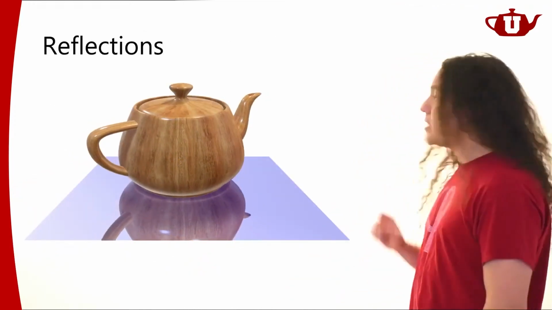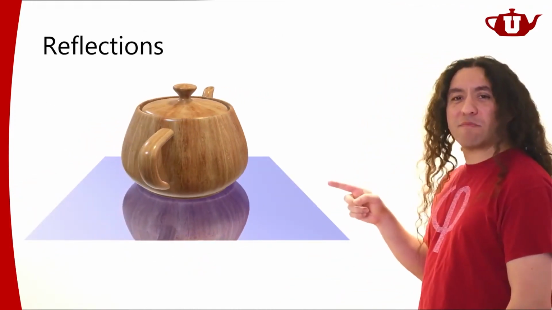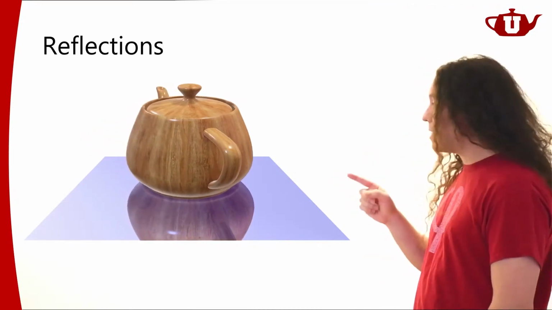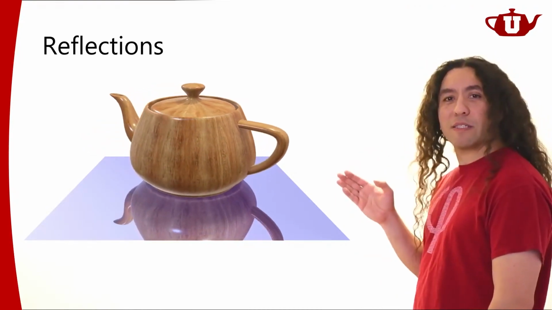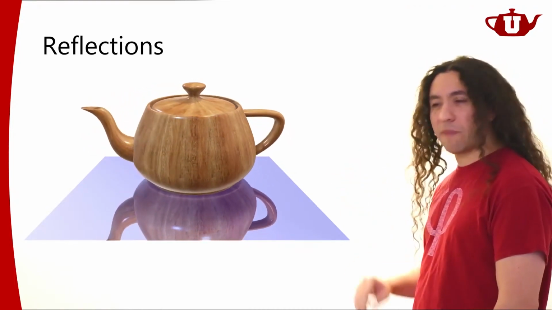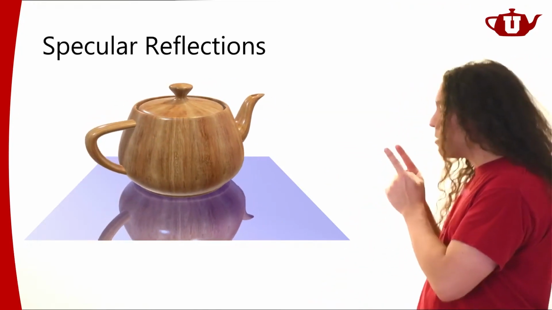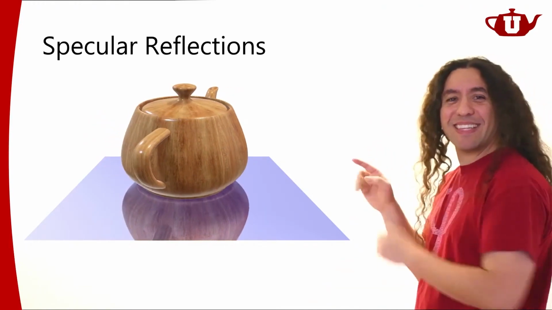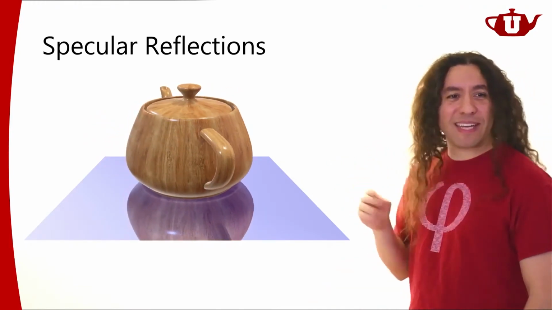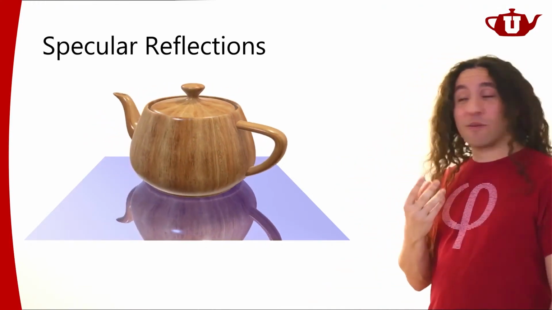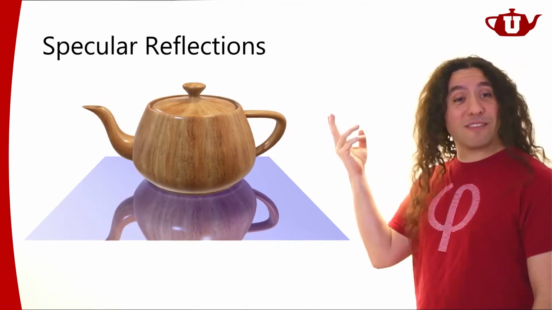So what we're interested in are these reflections, right? These nice looking reflections off of this flat surface. We're interested in these specular reflections. I told you specular reflections were the reflections of the light sources, right?